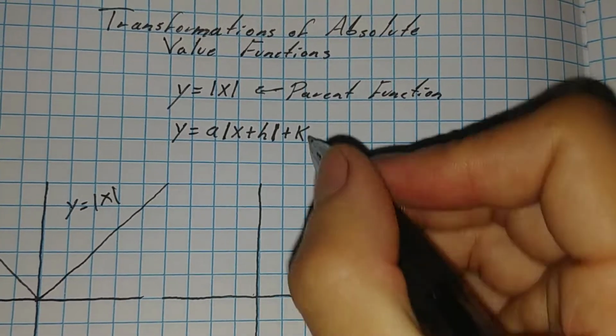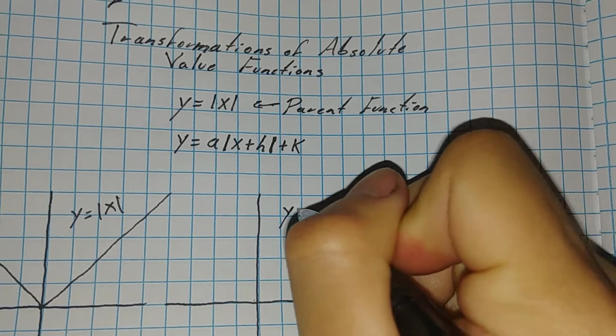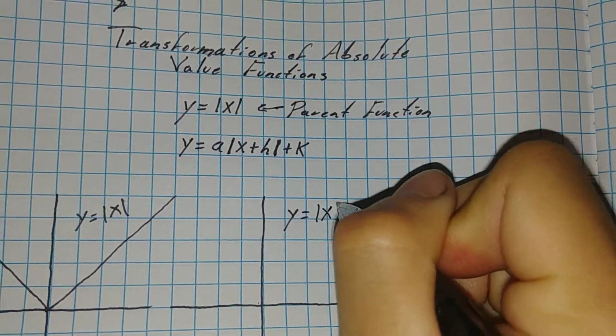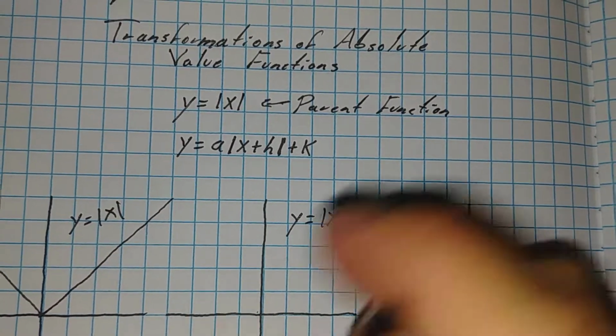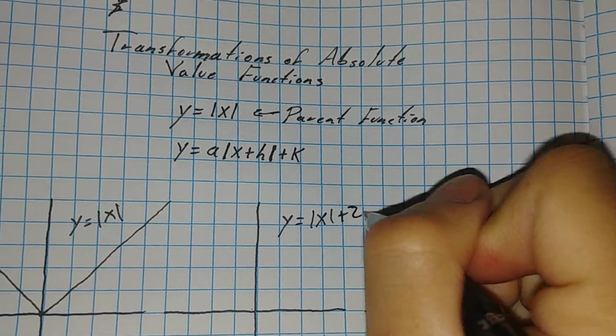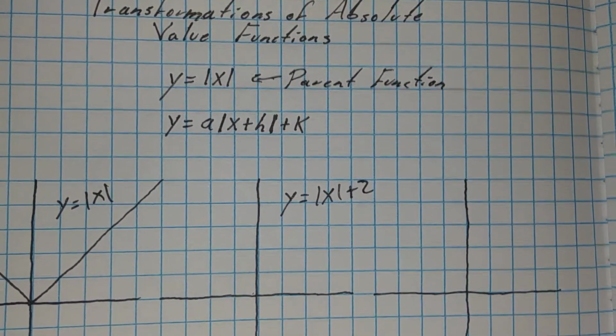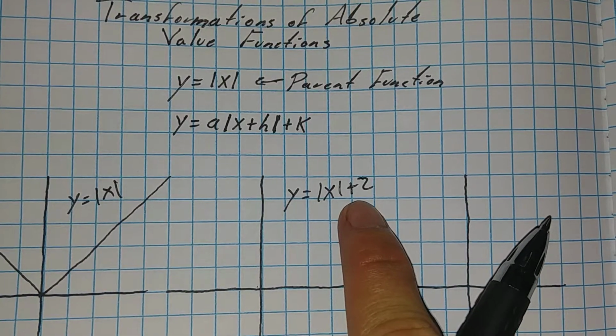So I'm going to make an example where I have y equals the absolute value of x. Right now, they are the same thing. If I add, let's say, plus 2, that's a vertical shift upwards, upwards because the number is positive.